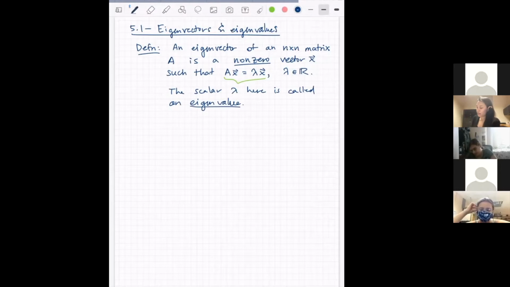And so there is a correspondence between these eigenvalues and eigenvectors. When we talk about an eigenvector, we could say that it has an associated eigenvalue, lambda, whatever that may be. And if we're talking about a particular eigenvalue, we could say it has an associated eigenvector x. So there's this correspondence between the two.